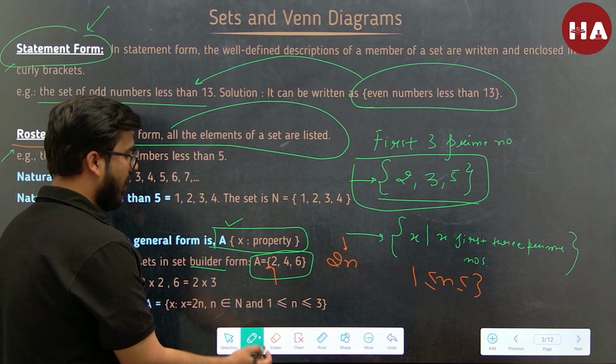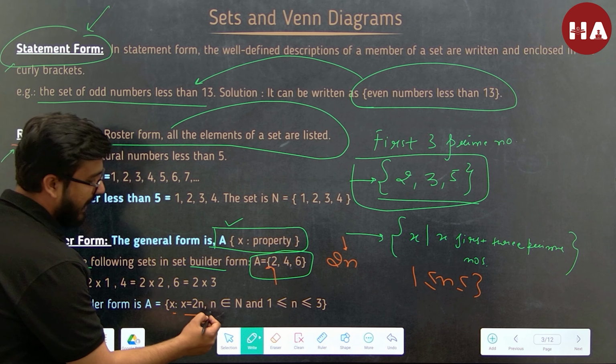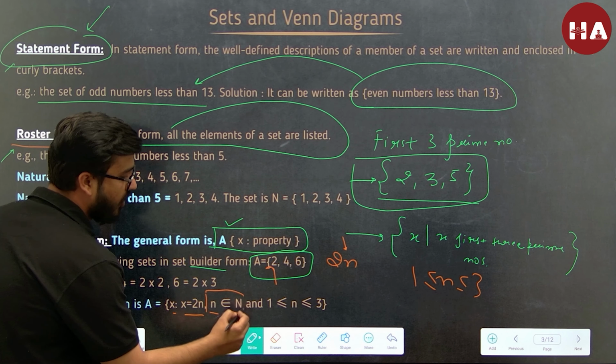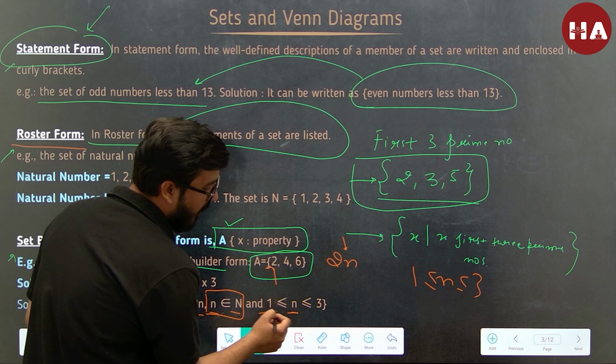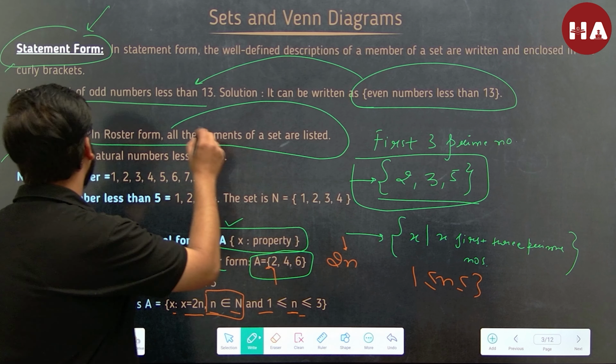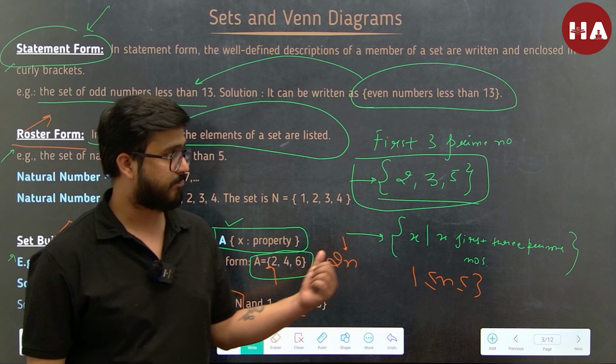So I can directly write x equals 2n, where n belongs to natural numbers, and I have to specify the condition also, where n ranges from 1 to 3. So you can note these three forms down, and you have to focus mainly on roster form and set builder form. Thank you.